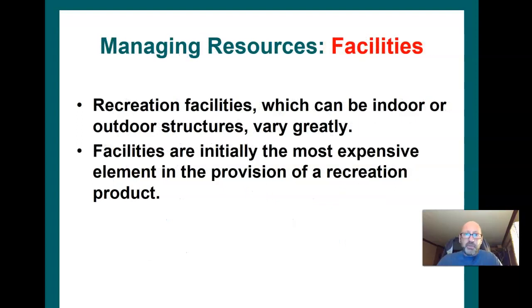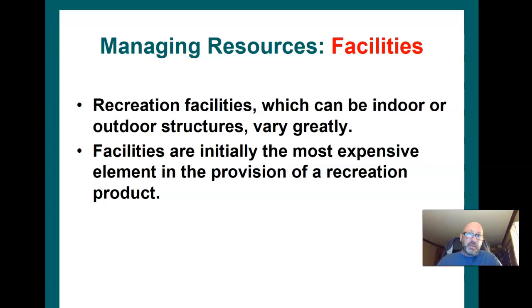Okay, facilities. Recreation facilities, which can be indoor or outdoor structures, vary greatly. Facilities are initially the most expensive element in the provision of a recreation product. So initially, your facility is the most expensive, and then you can probably guess what your next most expensive element is. Guess. Correct.